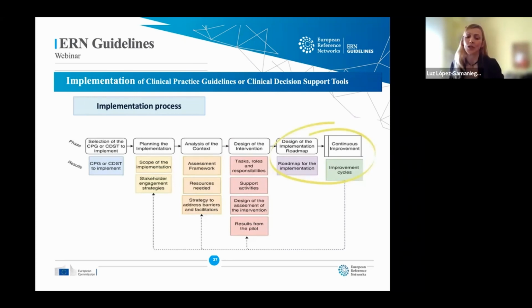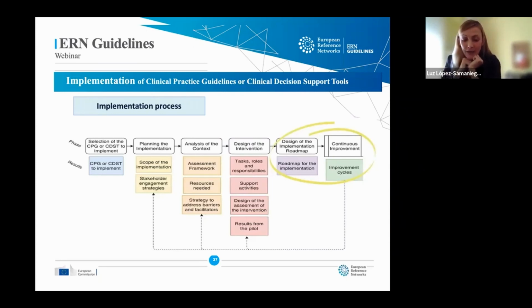Once there is a CPG or CDT to be implemented, it is important to constitute the implementation group in order to proceed with phase 2, which will consist in planning the implementation. The result of this phase will be the scope of the implementation. It means the establishment of the extent of the implementation, including the target patients, the profile of the professionals, the care levels involved in the intervention, and the geographical area covered, which is important.